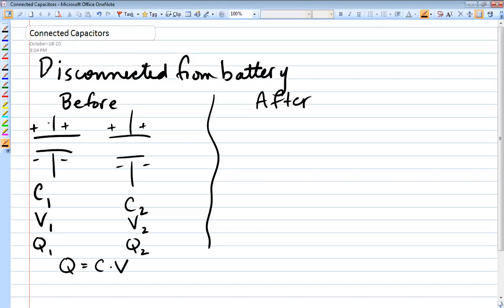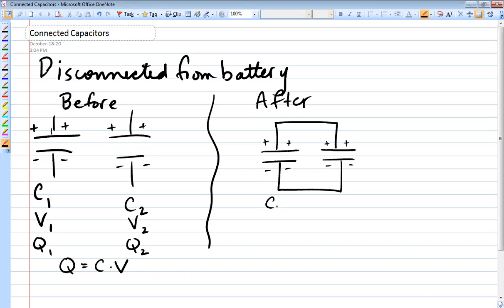Now we're going to connect the positive lead of C1 to the positive lead of C2, so that we have a situation like this. And what we want to know is what happens to the charge distribution and the voltages across these capacitors. The capacitance never changes. This is still C1, this is still C2. Remember, the capacitance of a capacitor depends on its geometry.